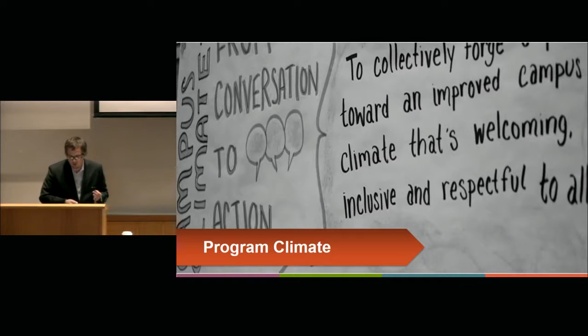So we ask them how strongly they disagree or agree with statements such as that faculty respect students regardless of their background, students respect students regardless of their background, that rules and regulations are fair, that rules and regulations are equitably applied, that faculty encourage expression of diverse viewpoints from students, open lines of communication, that students are given an active role in departmental decisions, sense of solidarity amongst students, and overall the program climate is positive and welcoming. So we feel like this first set of questions is really about having the student respond back to how they feel the climate of their program is.